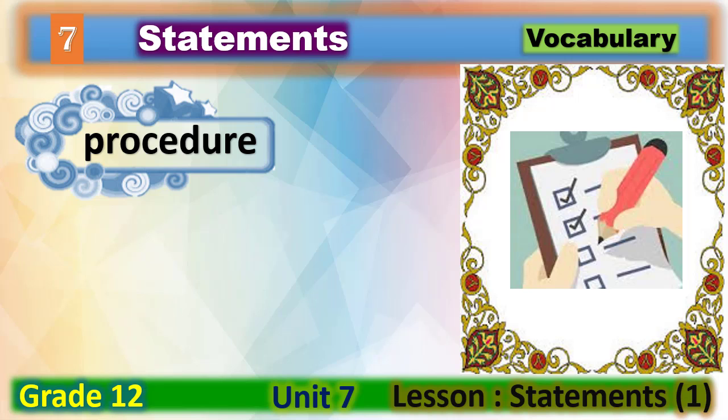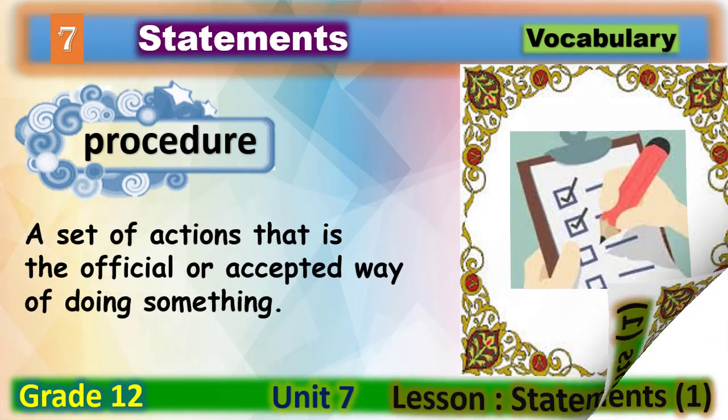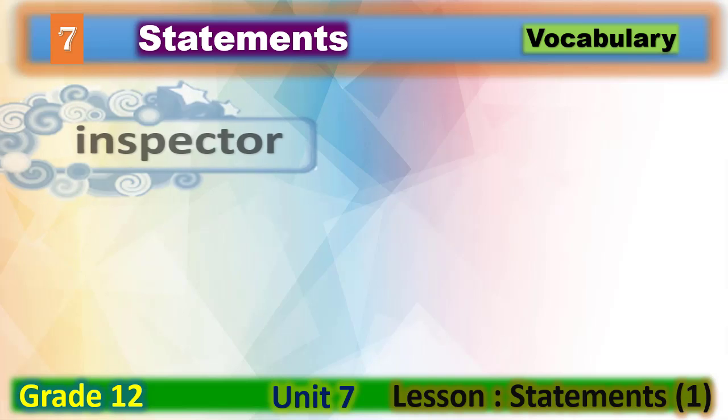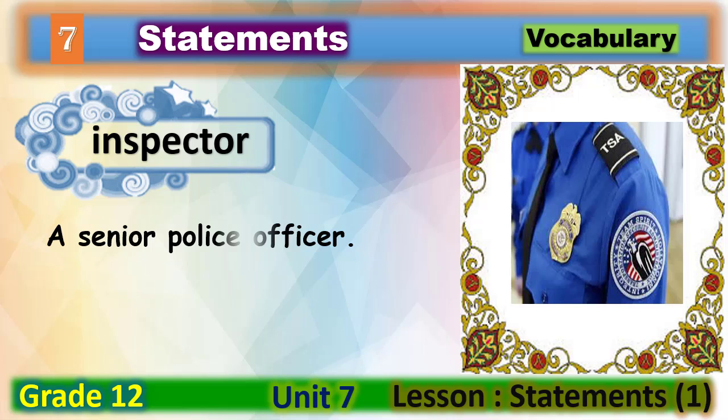Do you know the meaning of procedure? Now let's have a look at the meaning of procedure. A set of actions that is the official or accepted way of doing something. Let's move to the next word, inspector. Inspector is a senior police officer.